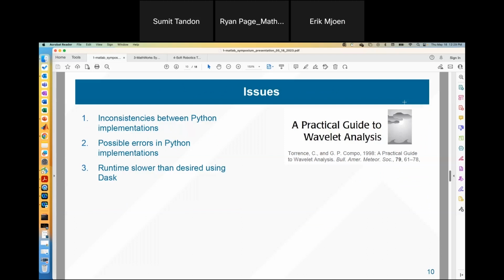And this issue rolls into the second issue, which is that none of us, meaning me and our lab, are signal processing experts. So we may not be able to catch mistakes like this in Python implementations. And this is especially salient given a possible bug that I outlined a few slides ago. Lastly, the more correct Python implementation takes longer to run.